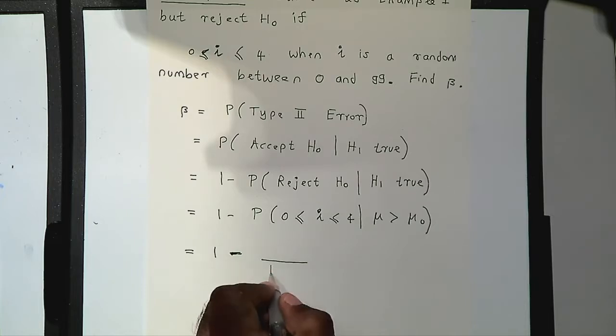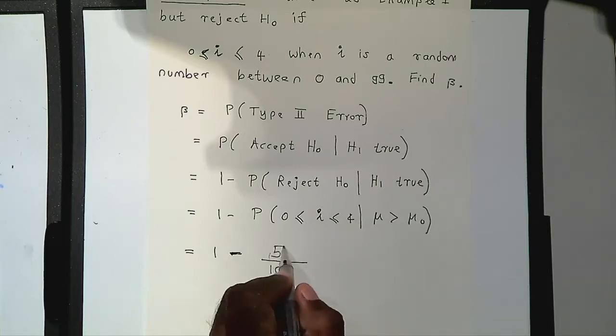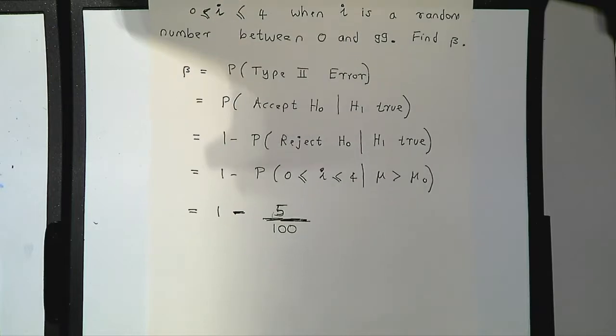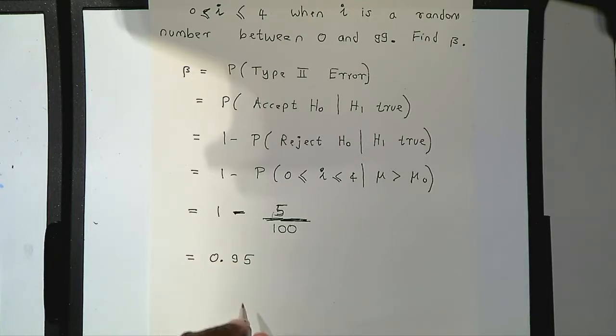You have 100 values, right? And between 0 and 4, how many values do you have? 5. So it's 5 divided by 100. That's it. This is classical probability. I thought you did it last semester, right? So the answer is 0.95. Okay. You guys okay? Yes or no? Okay. So that's example 3.